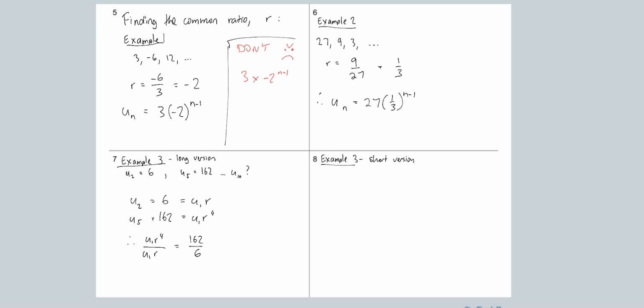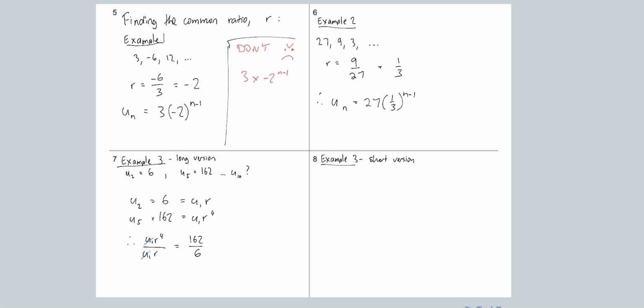So what I'm doing is creating a ratio of the two terms: a ratio of the fifth and the second, and this is a ratio of the numbers there.